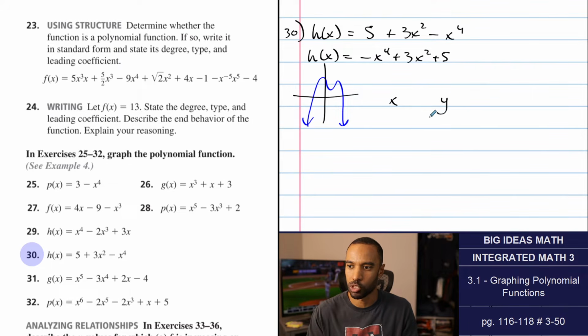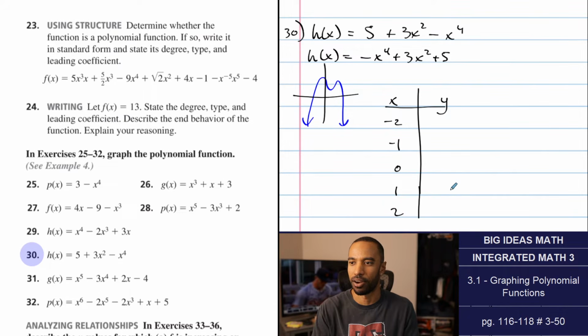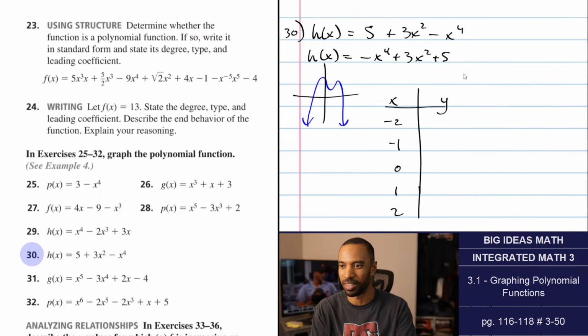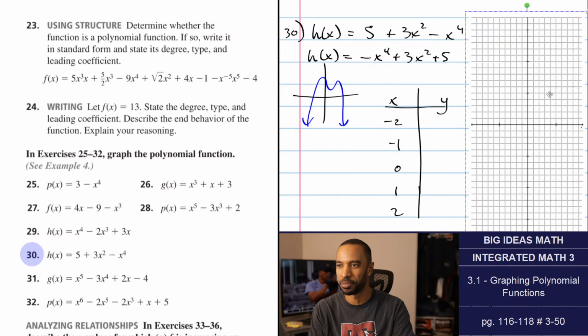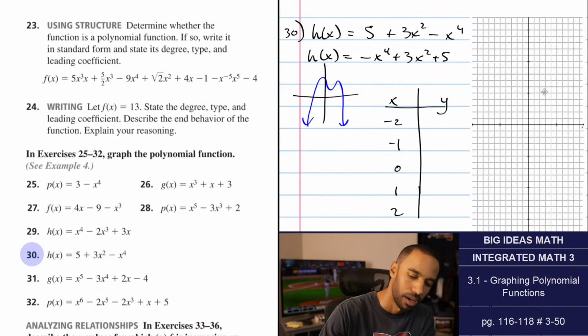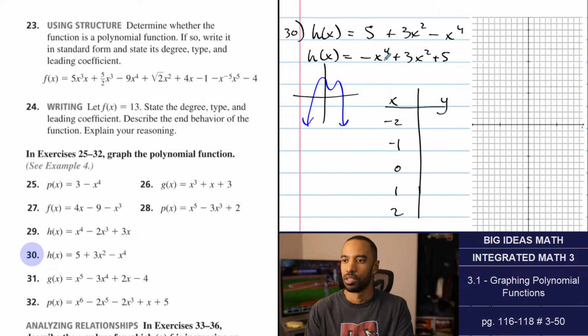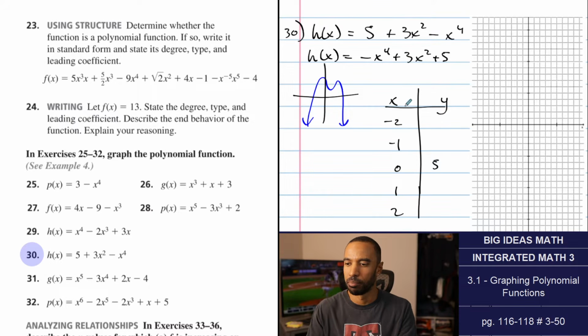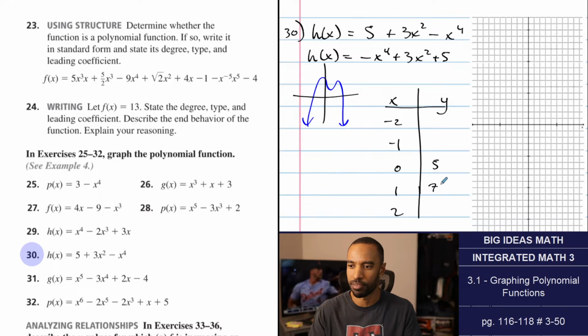Let's do a table. X, Y. -2, -1, 0, 1, and 2. Yeah, I don't know why I have to copy and paste a table so badly. Okay. Plug in 0, you get 5. Plug in 1, you get -1 plus 3 is 2, plus 5 is 7.